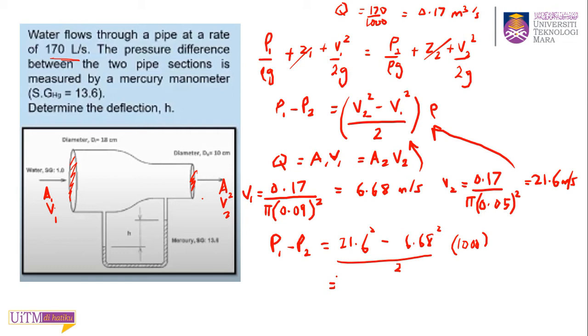What is the value for the pressure difference P1 minus P2? 21.6 squared minus 6.68 squared divided by 2 times 1000.